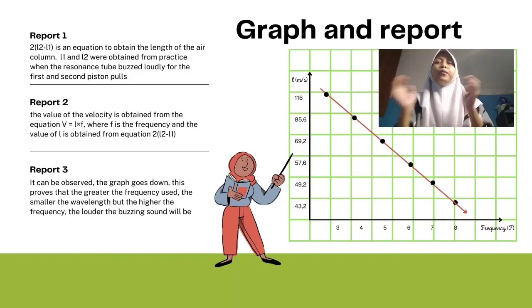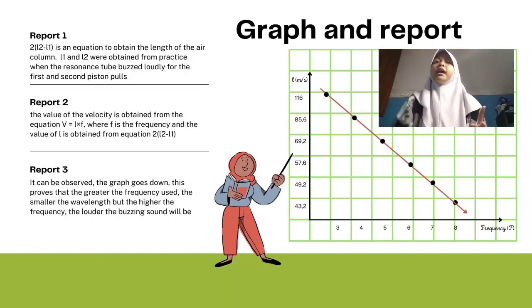Graph and report. The y-axis, the vertical line, is for wavelength and the x-axis, the horizontal line, is for frequency. Report 1: 2 multiplied by L2 minus L1 is the equation to obtain the length of the air column.